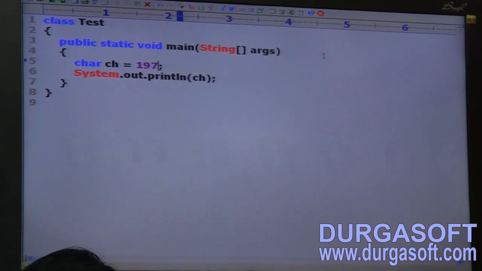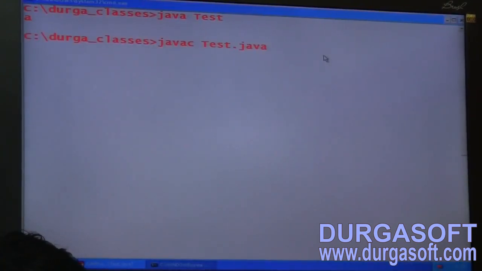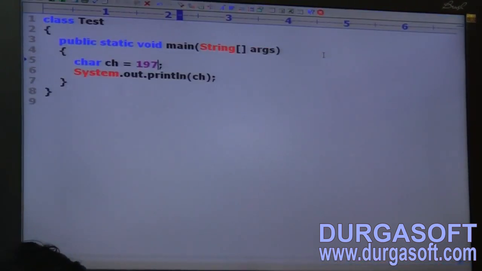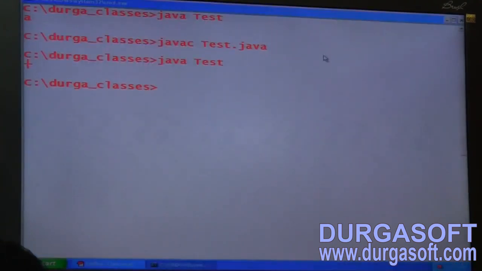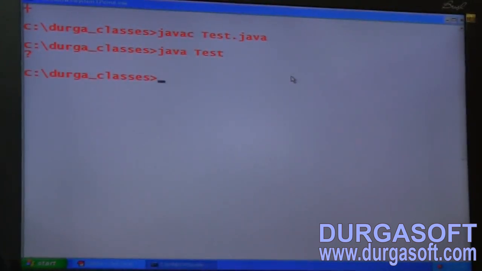What is the corresponding character? A special character. 197 is the plus symbol. Are you getting the plus symbol? If I take 1970, what is the corresponding character? Our favorite symbol will come: a question mark is coming.